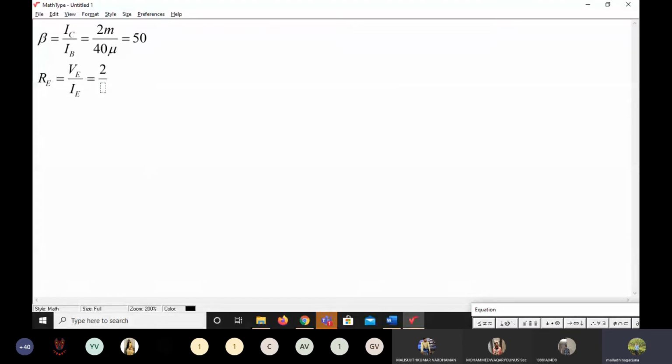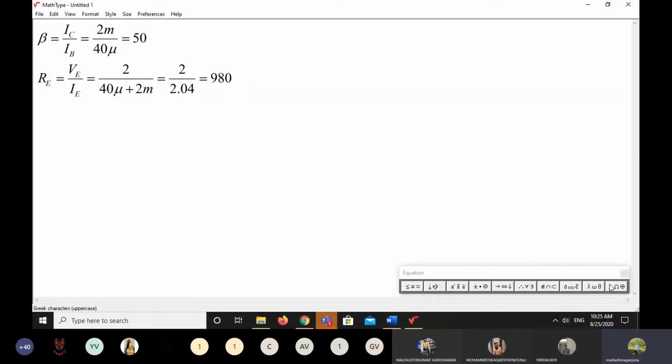IE is nothing but IB plus IC, so 40 micro plus 2 milli. So that is 2 volts divided by 2.04 milli, and the answer is approximately 980 ohms.